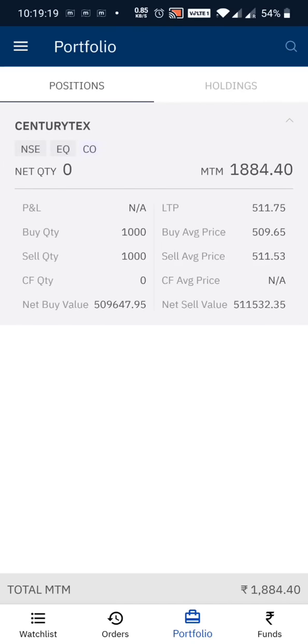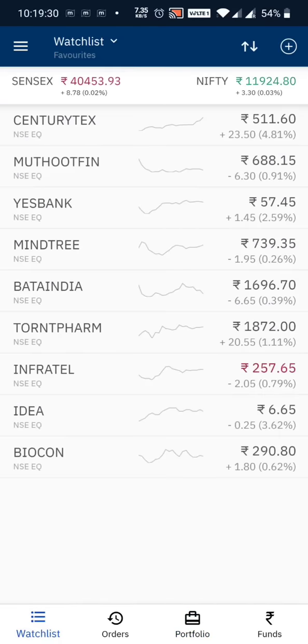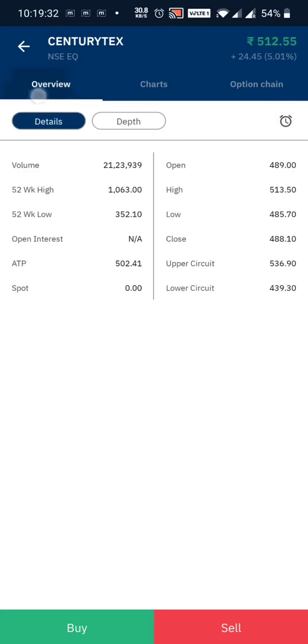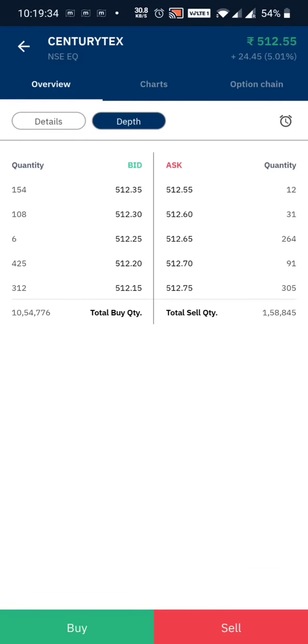Alright, so it got exited at 511.53, so more than our 0.3%, 2 rupees target on this. The number of shares which we had was around 1000 shares. If you see left and right side, the number of quantities is very less.